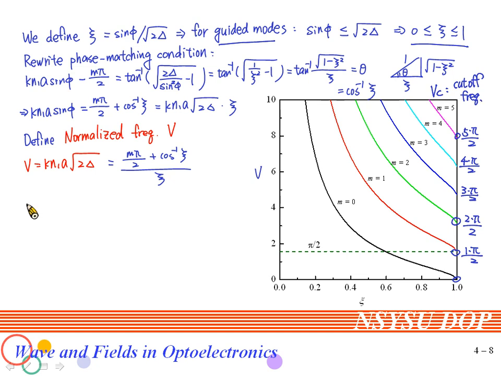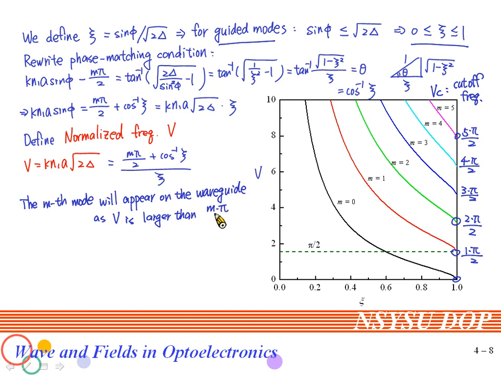Okay, so we can say that the m-th mode will appear on this waveguide as the normalized frequency is larger than m times pi divided by 2.